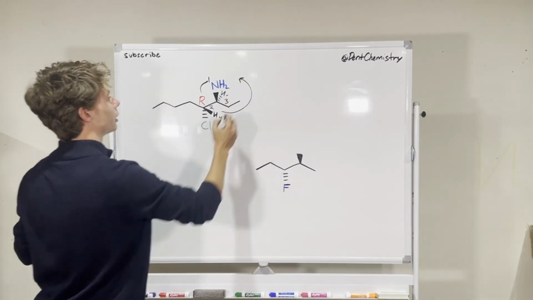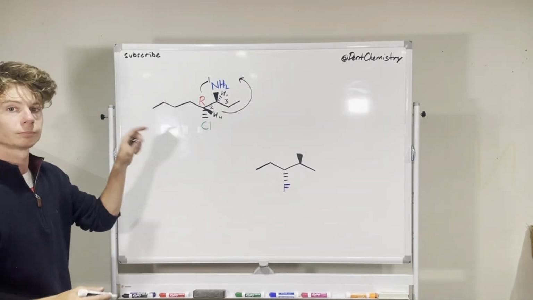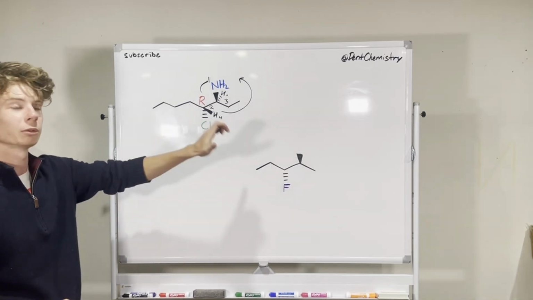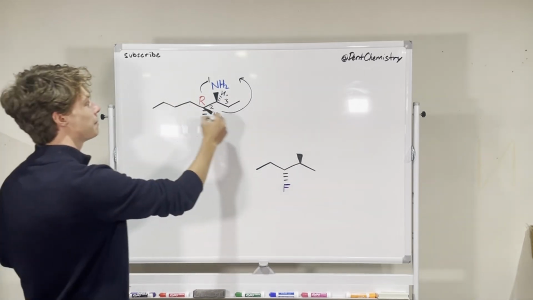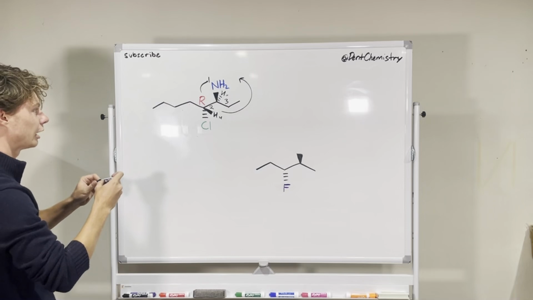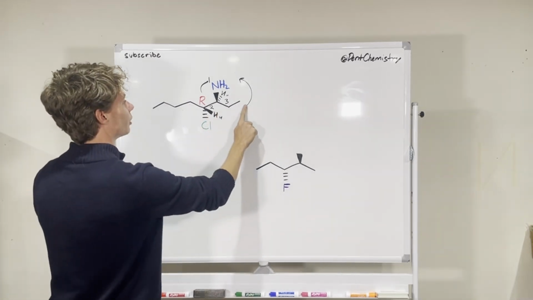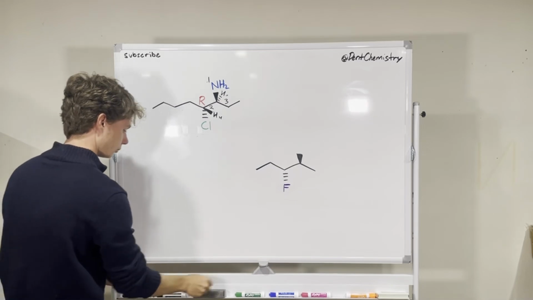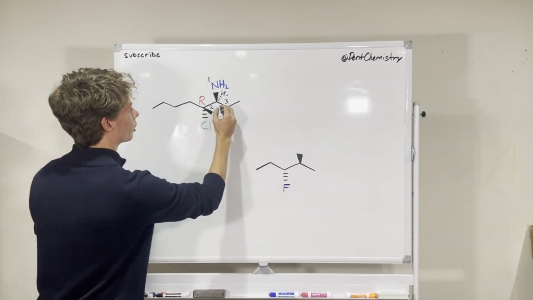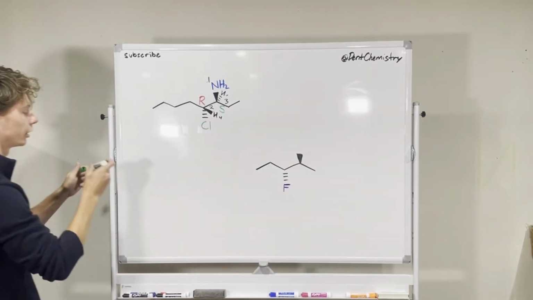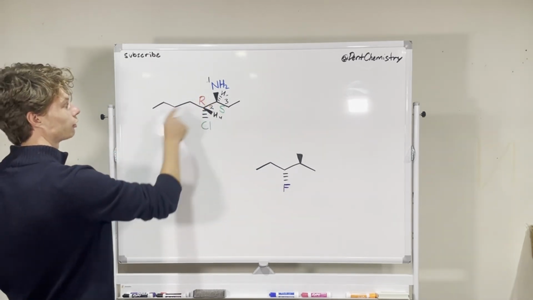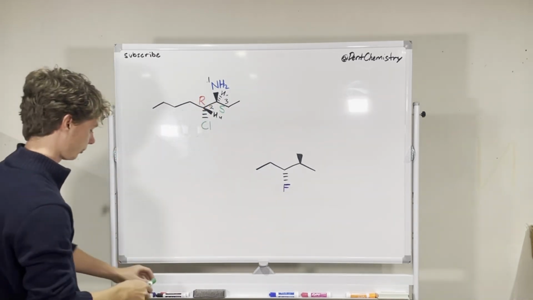I'm currently going counterclockwise, and I don't need to flip it because hydrogen is already going back. My smallest group is already going back, so I'm going to keep this counterclockwise and say that this stereocenter here is S. Stereocenter number 1, I'll call it, was R. Stereocenter number 2, we'll call it, is S.